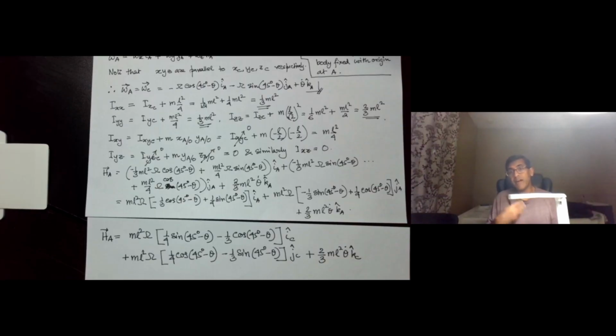the advantage with using the center of mass is that the moment of inertia at the center of mass is easier.